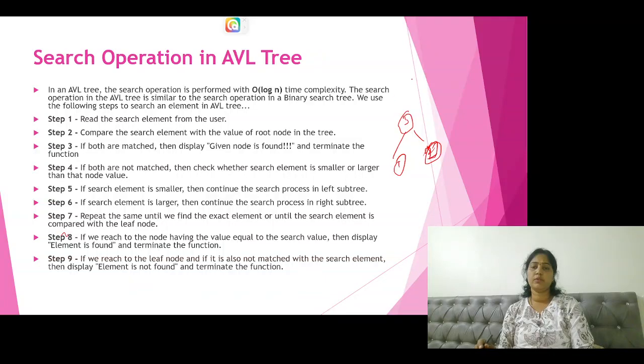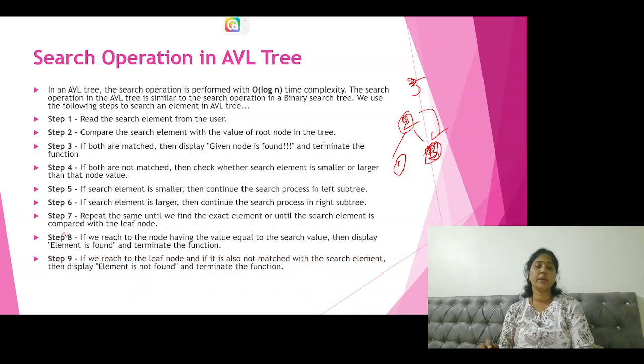So 2 is the key element. Then compare the search element with the root element. Is 2 less than 3 or greater than 3? Sorry, here 2, here 3. You are searching for 3. So whether 3 is greater than 2 or less than 2. It is greater than 2, so automatically you take the right side.